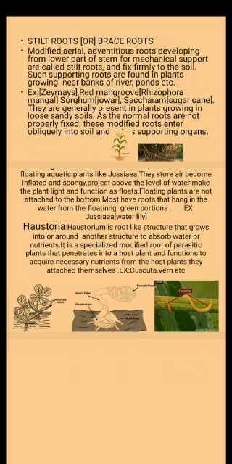Next is the haustorium. A haustorium is a root-like structure that grows into or around another structure to absorb water or nutrients. These haustorial roots grow into the host of another plant and get water and nutrients from that plant.